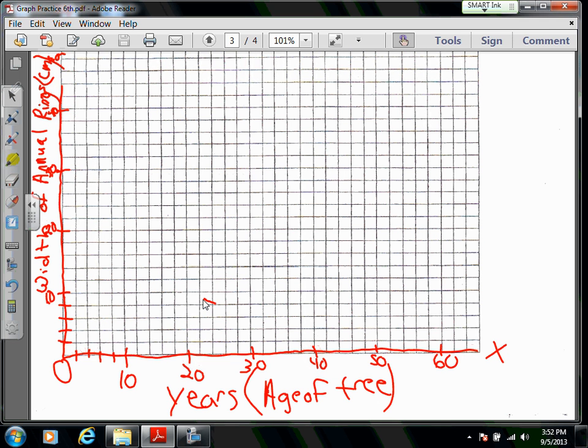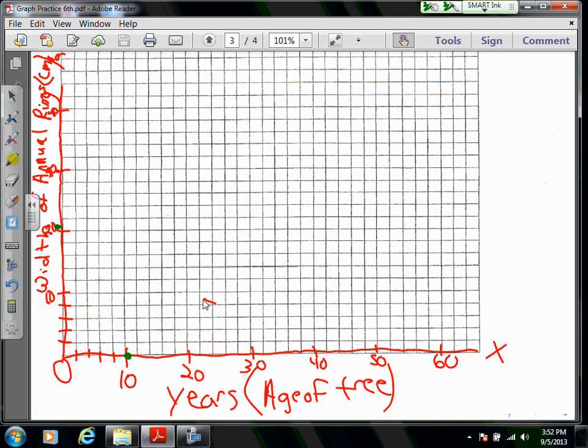Okay, the next thing we need to do is we need to graph this data, plot our points. So if we go to the data from Forest A, we will see that at 10 years, right here, the average annual thickness was 2.0, which is right here.